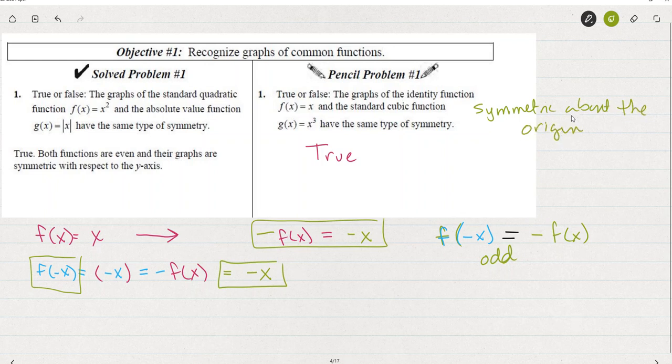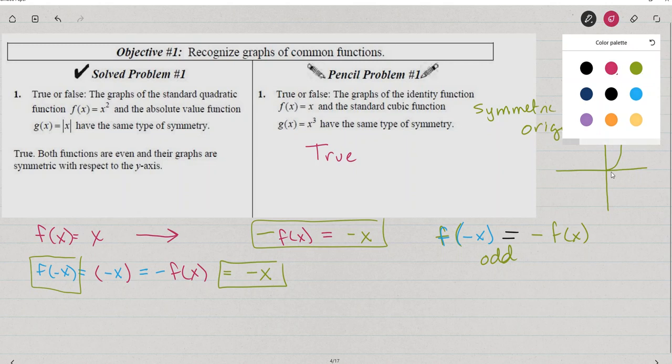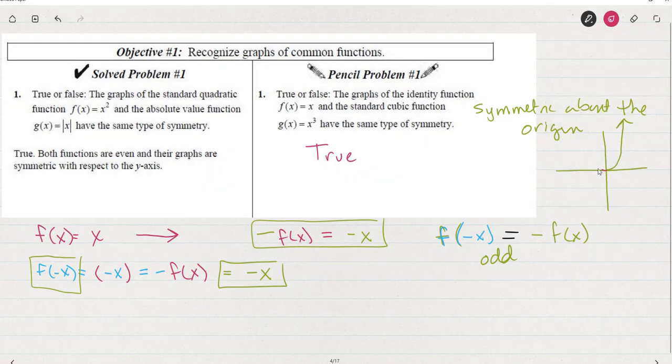What that means is this: if I have a graph, let me take just this part of the cubic function. Now, if I reflect that across the y-axis, I get this line, right?